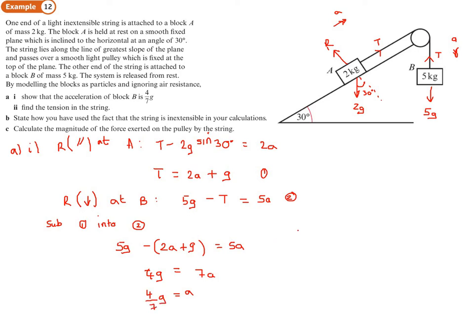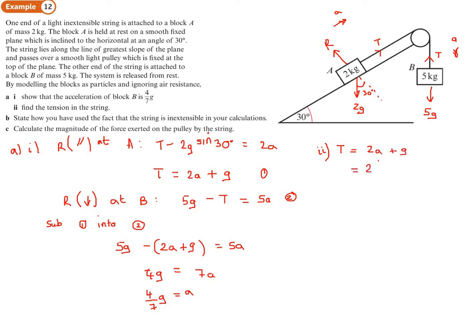Okay. And then again, very, very similar to what we did in the other example. They want us to find the tension. I'm going to do it over here where I've got the space. So I'm going to just use this equation 1 really. So I've got T equals 2A plus G. So I'm going to substitute in.